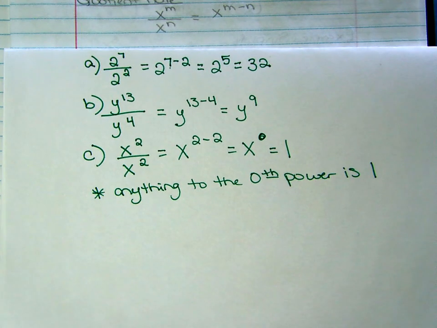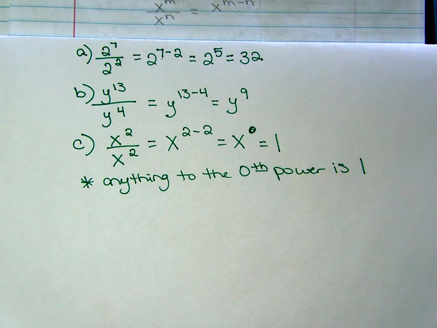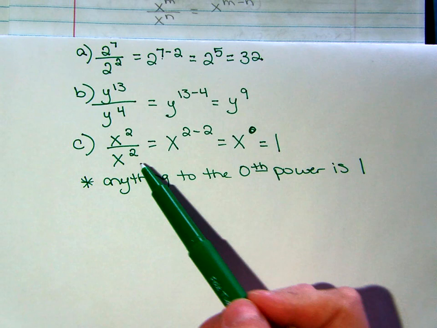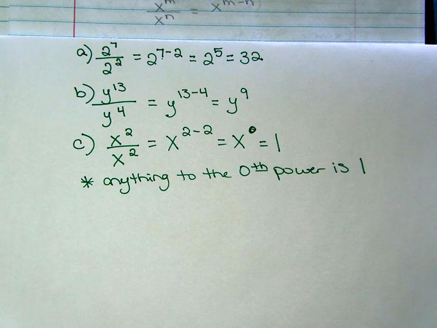And we actually prove that later on with logarithms in college algebra. So if you think about it using exponents, this always works. If you think about the fact that anything divided by itself is 1, you can also think of it that way. Either way, you're going to get the same result. So that's using the quotient rule. The quotient rule works every time, whether the exponent is larger on top or not. But the problem is right now you don't really have the terminology or the ability to think about negative exponents and what that means. We will when we get to 5.2.